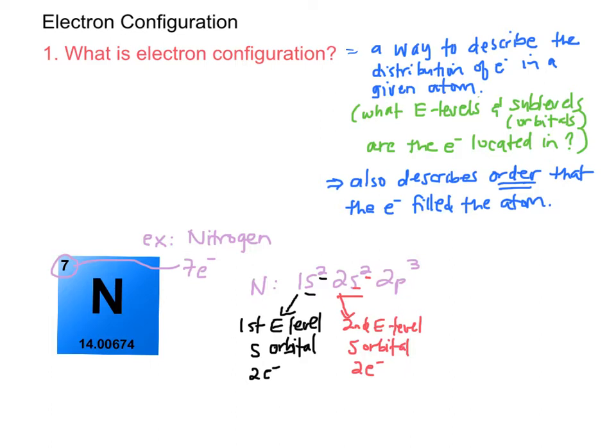And then the last part tells us that in the second energy level, in a p orbital, you will find 3 electrons. So we have told you the location of all 7 of nitrogen's electrons from this electron configuration.